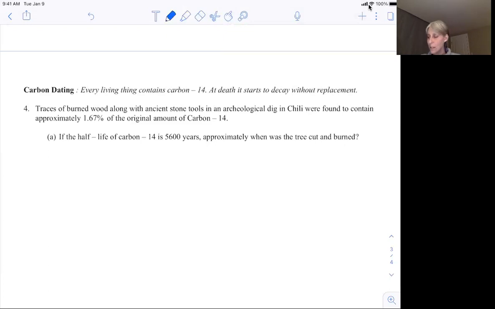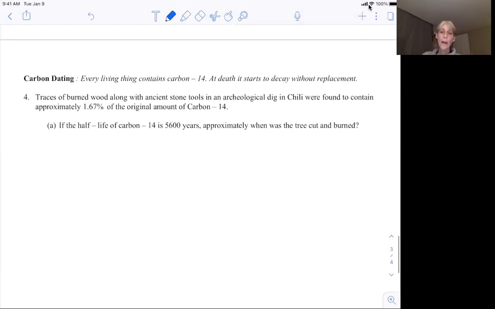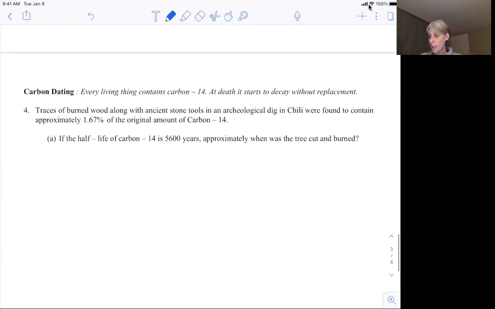I don't necessarily understand how it works, but I know how to deal with the numbers. Traces of burned wood, along with ancient stone tools in an archaeological dig in Chile, were found to contain approximately 1.67% of the original amount of carbon-14. If the half-life of carbon-14 is 5,600 years, approximately when was the tree cut and burned?